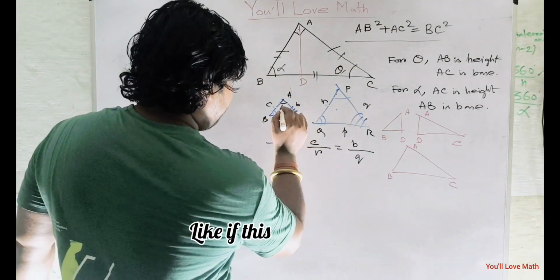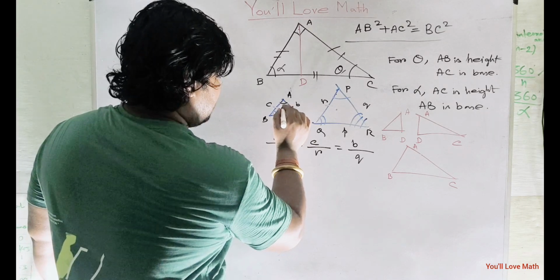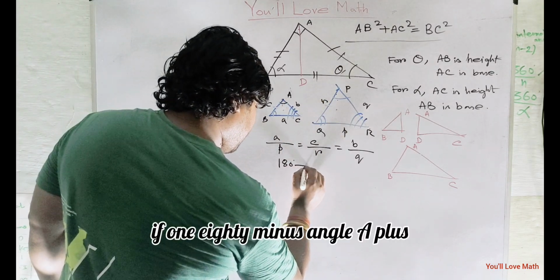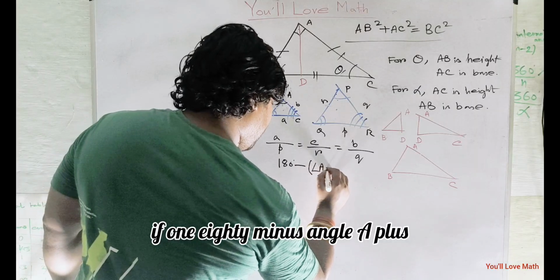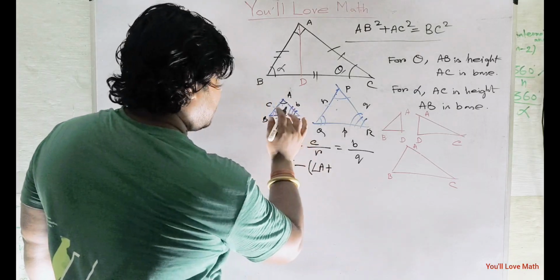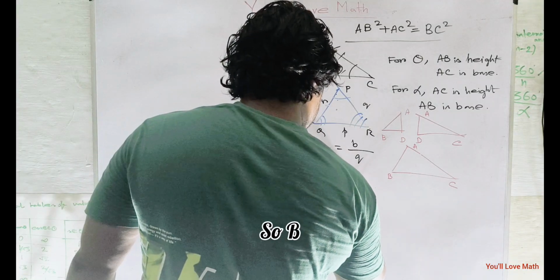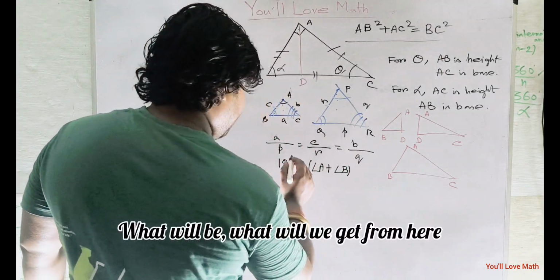Very easy. Like if this is angle A, this angle P, B to B, B to Q. So 180 minus A plus B, what will we get from here?